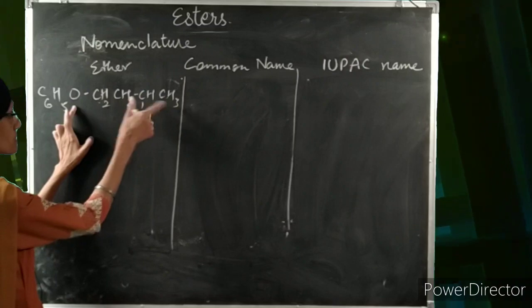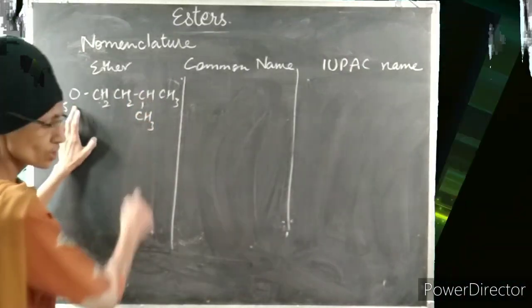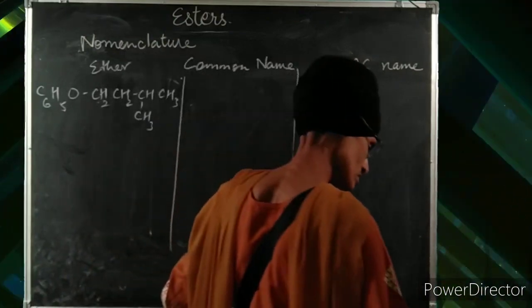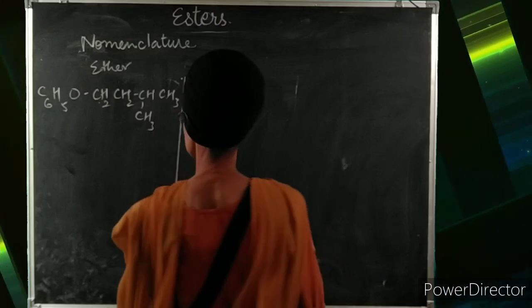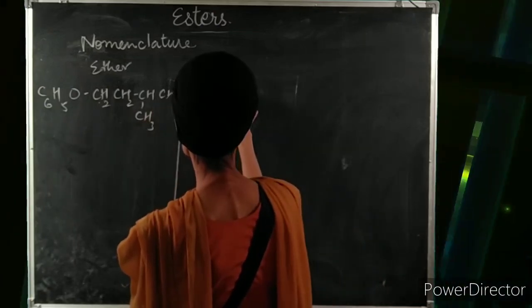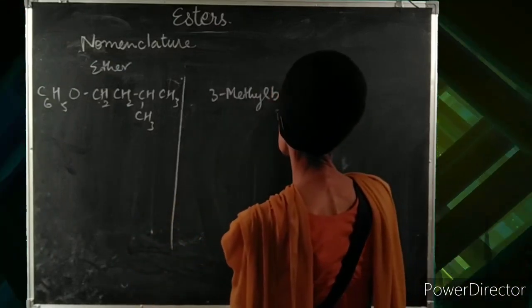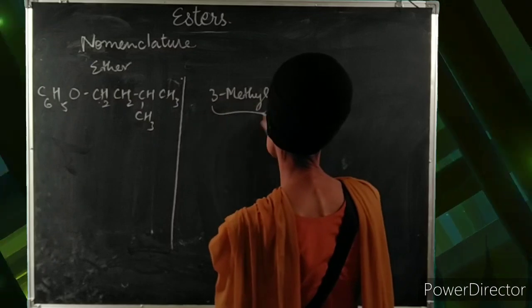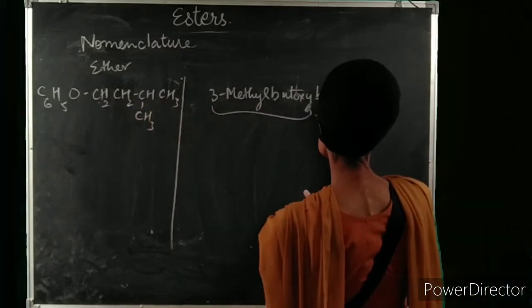The alkoxy here is butoxy where a methyl is attached at the third position. So we will write its IUPAC name. The IUPAC name will be 3-methylbutoxy. This whole group is alkoxy, that is 3-methylbutoxy. Then it is benzene.